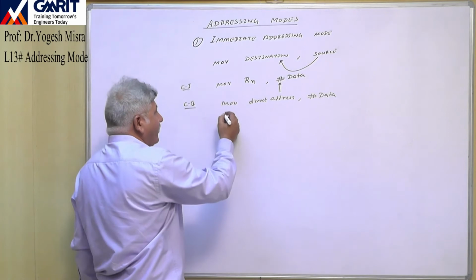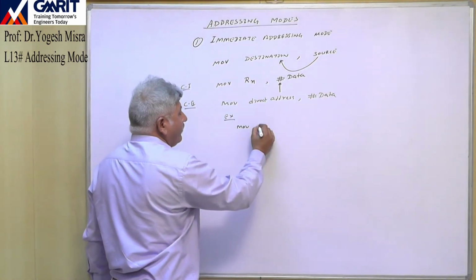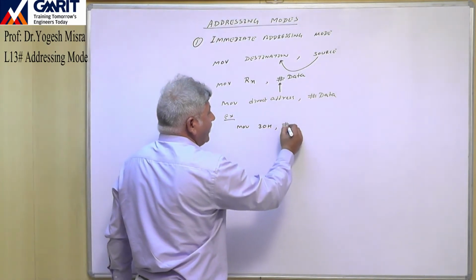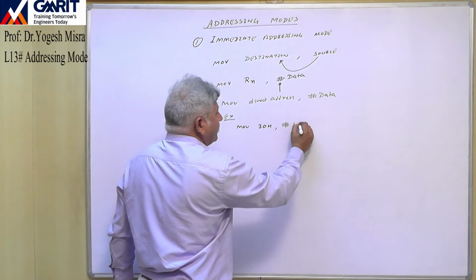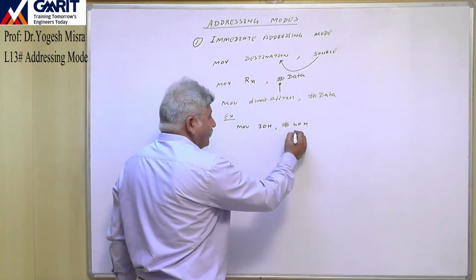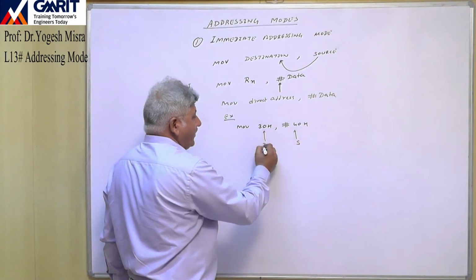Now for example, move 30H, comma, hash 40H. So here this is our destination and this is our source.